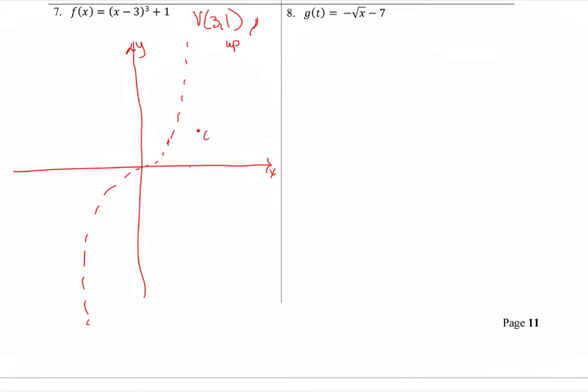So here is 3, 1. And I don't change my original shape. And so this is y equals x cubed, and this is now f.